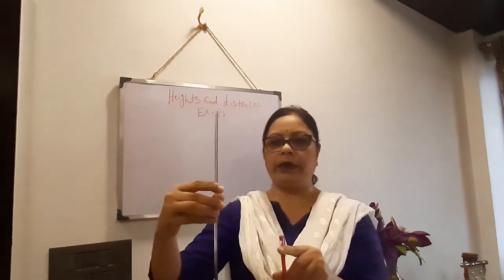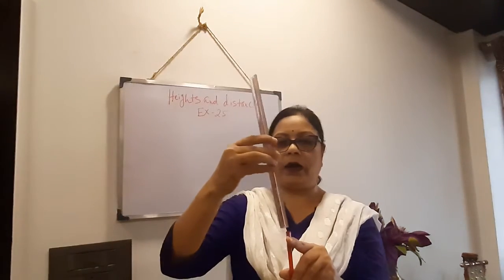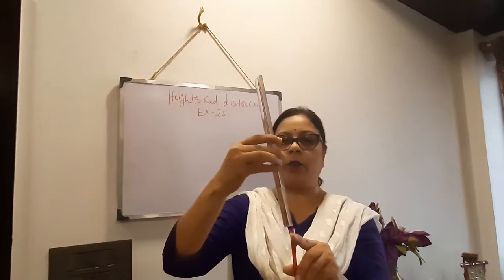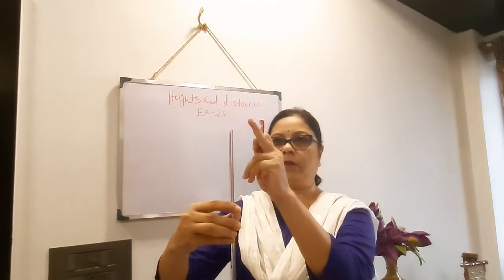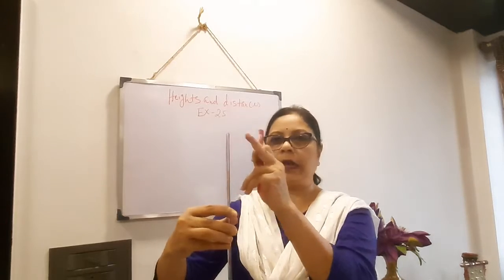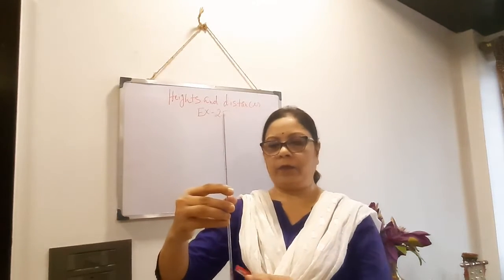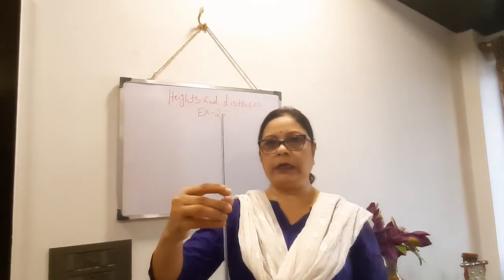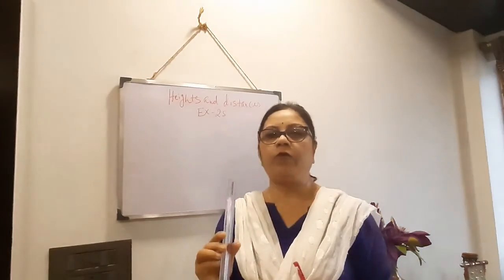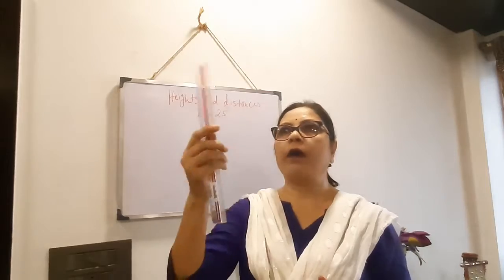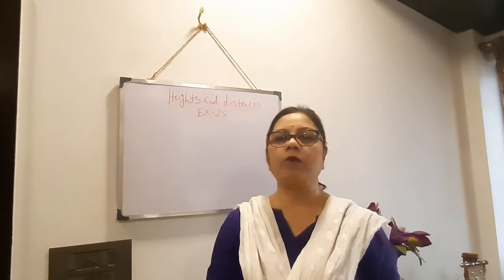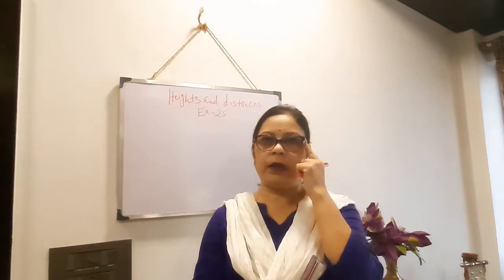If I join the eye of the observer and the top of the object, and the horizontal line, then you will see an angle will be formed. This angle, when the person looks upwards, is called the angle of elevation.